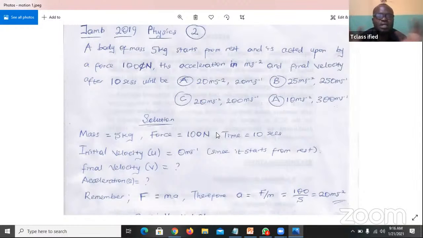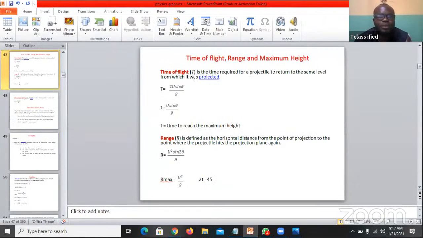So what are the parameters that are not known, or that are implied, or the ones we want to calculate? The body starts from rest, so that simply means that initial velocity u is equal to 0. Final velocity is what you are required to find, and also acceleration.